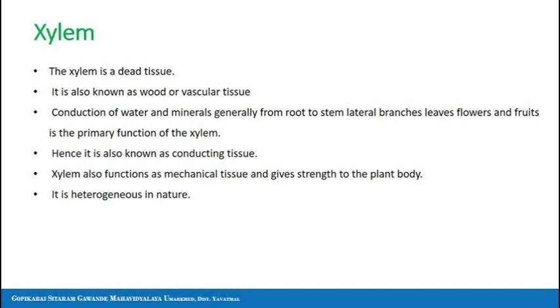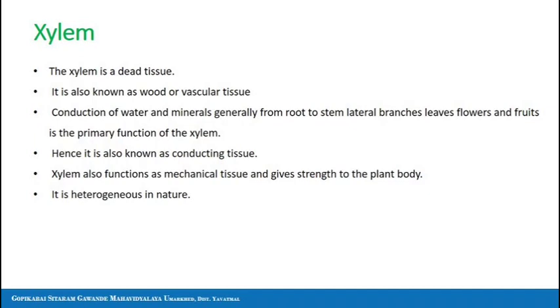The conduction of water and minerals, generally from root to stem, lateral branches, leaves, flowers and fruits, is the primary function of the xylem. Hence, it is also known as conducting tissue. Xylem also functions as a mechanical tissue and gives strength to the plant body. It is heterogeneous in nature.